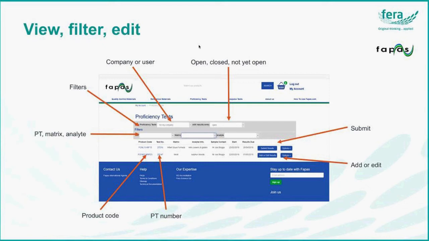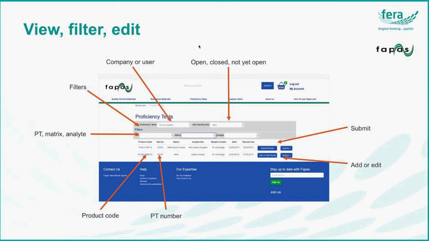You can also see at the bottom of the page the product code associated with that PT and the PT number. On the right hand side, you can submit results or edit or add to results.